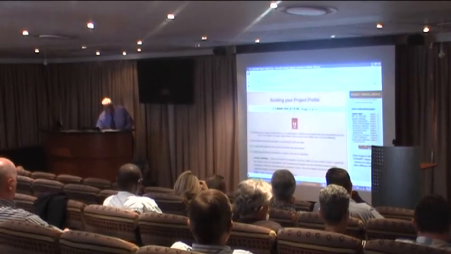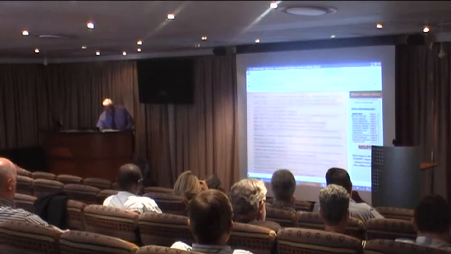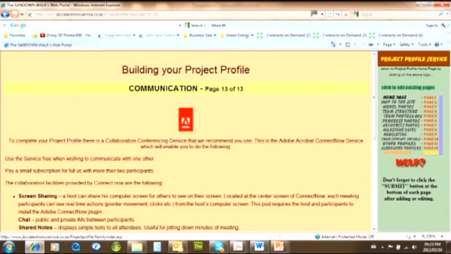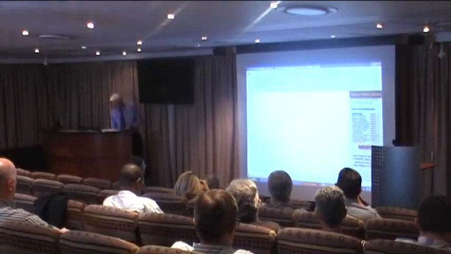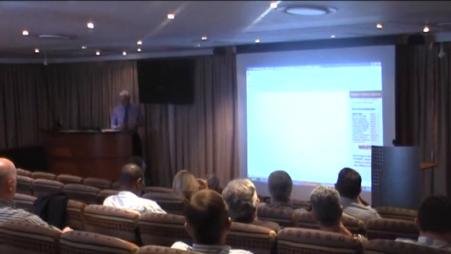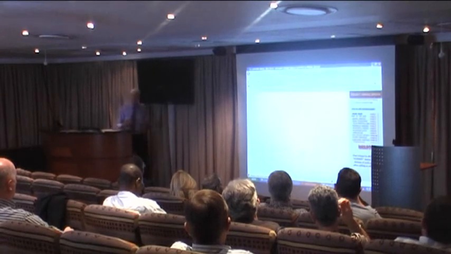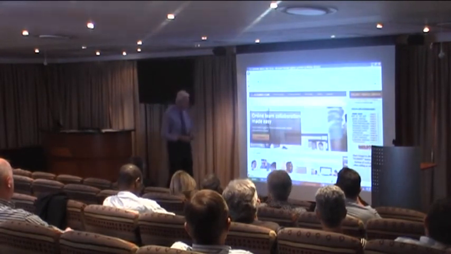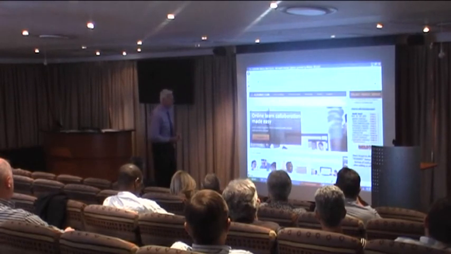If you want to use Connect Now, for instance, as a conferencing facility, you could click to Connect Now, which would be the first page of Connect Now, and that allows you to register as a Connect Now user, and there are various facilities there.